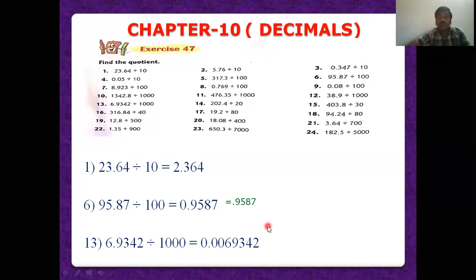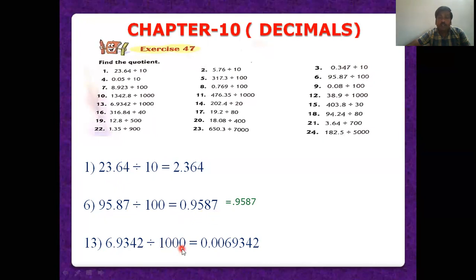Okay boys, now let us see once again. Here it is 10: move the decimal point towards the left by one digit. Here there are two zeros: move the decimal point to the left by two digits, giving 0.9587.